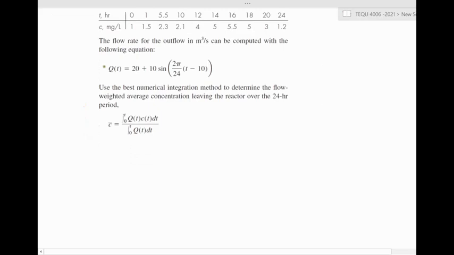We want to integrate this function as part of this here. So it's an integral between 0 and t, and this t is 24, of 20 plus 10 sine of 2 pi over 24 t, minus 10.